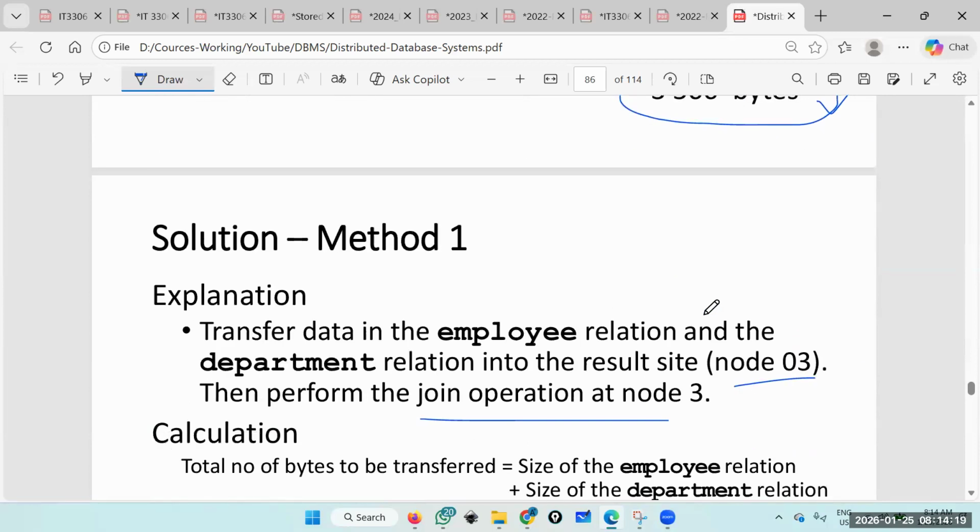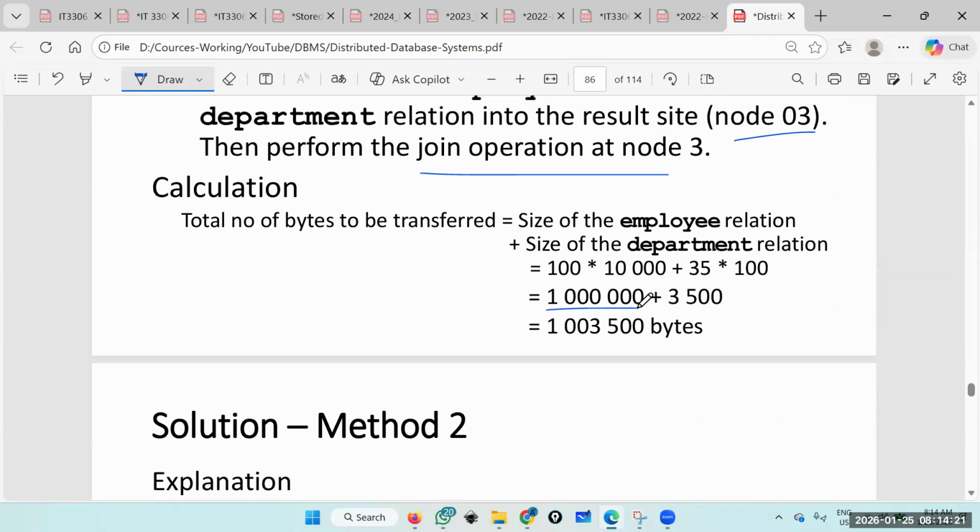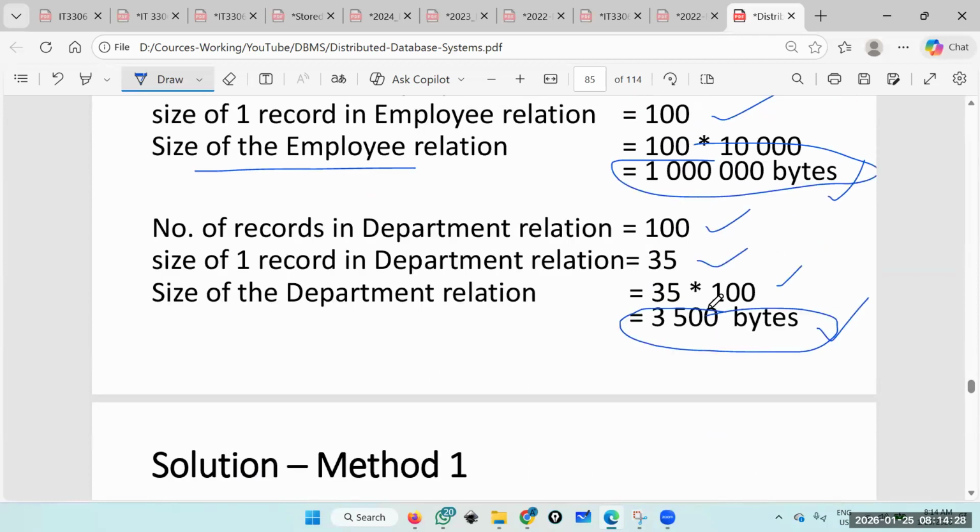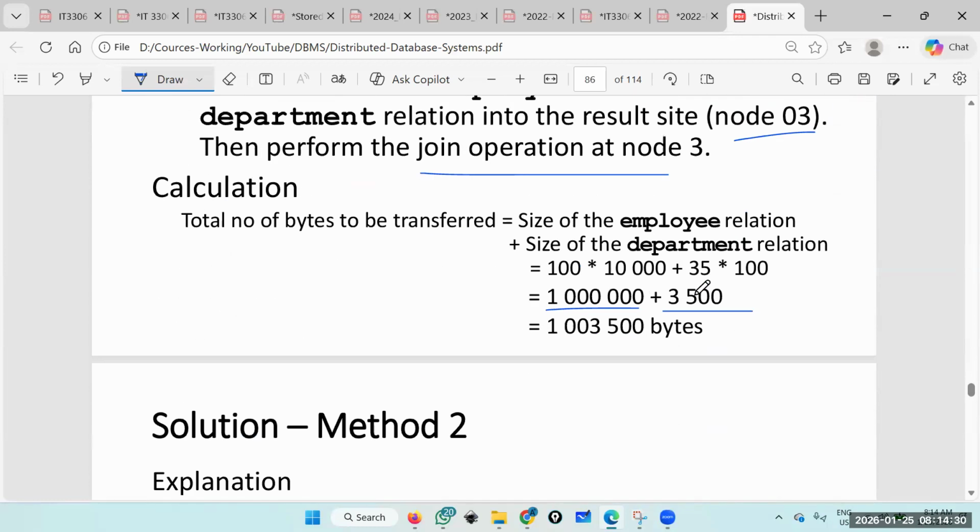You need to take 1 million bytes and 3,500 bytes from those two sites. That's it, because the local processing then needs to be done. But this is the total amount of bytes transmitted through the network. So we need to find which one has the lowest. But this is not going to be the lowest.